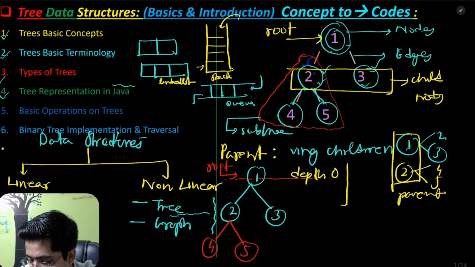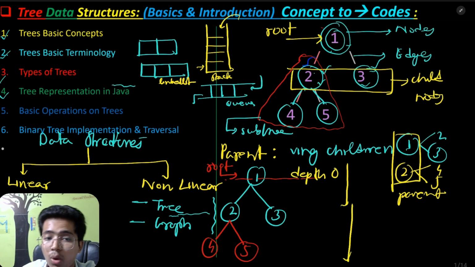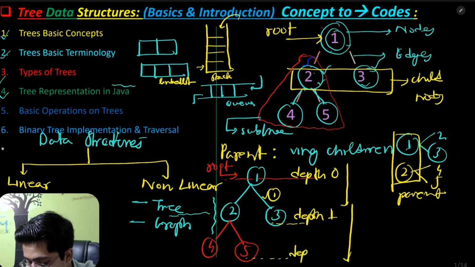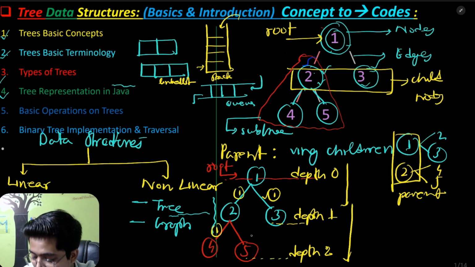As we move downward, the depth keeps increasing by 1. If we come here, the number of edges increased by 1, so the depth becomes 1. At the next level there is 1 edge and 1 edge, so the depth is 2 at that level. So that is called depth.